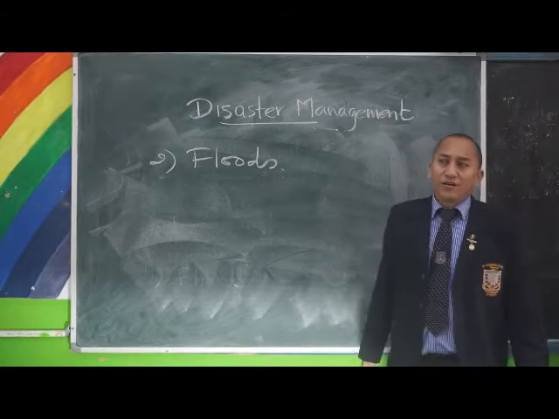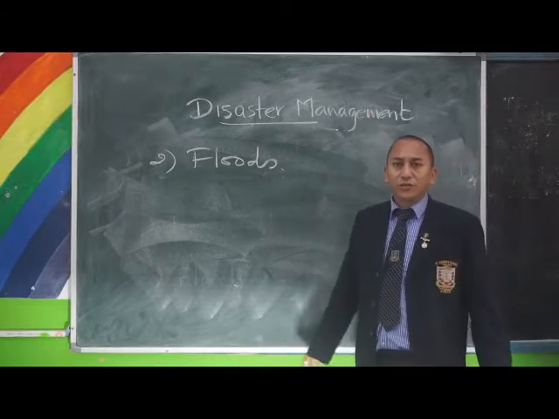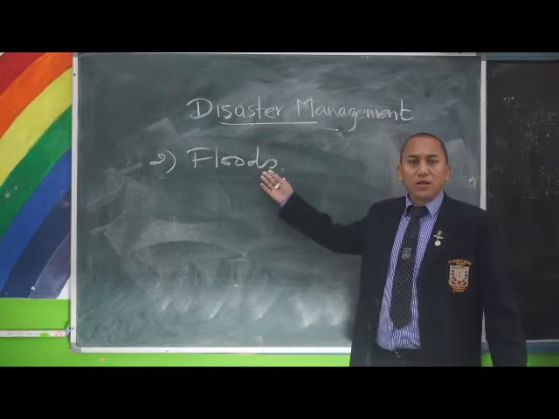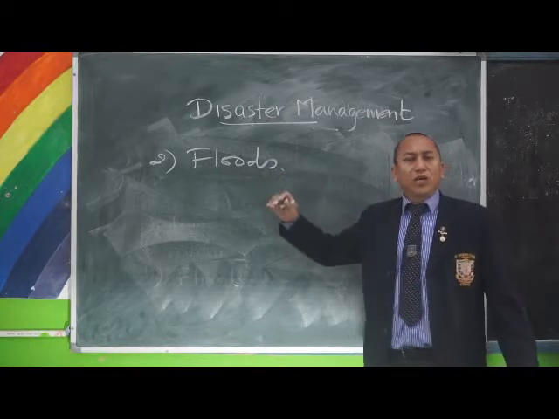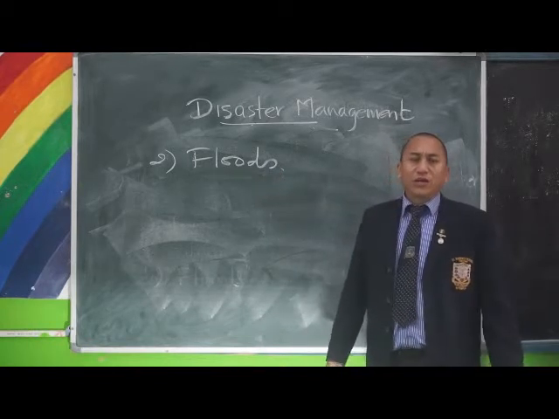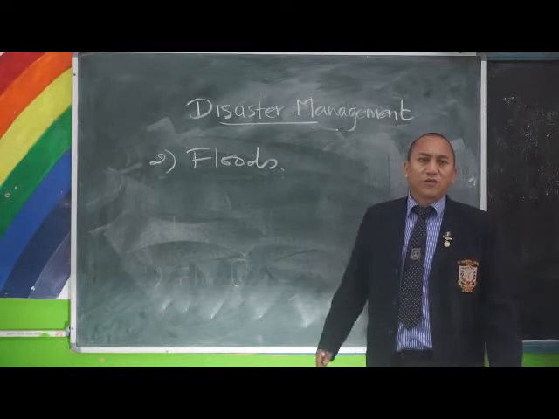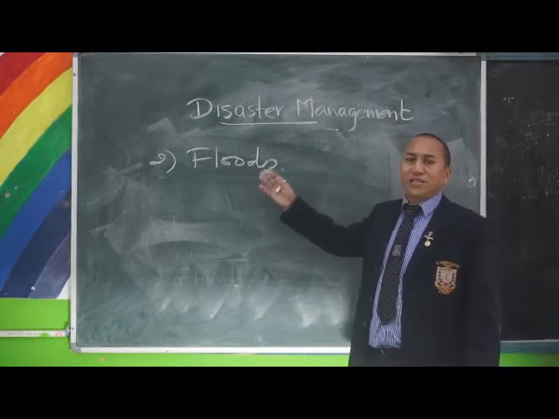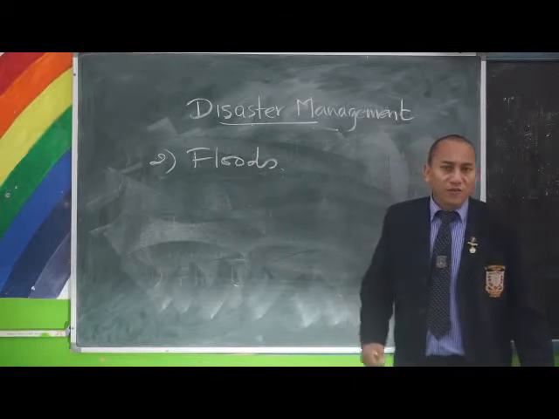Avoid using electrical appliances during floods. Make sure that the gas is switched off and electricity is not used. These are the ways in which we can take some precautions during a flood.